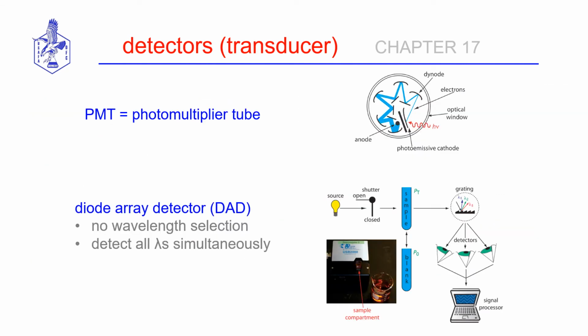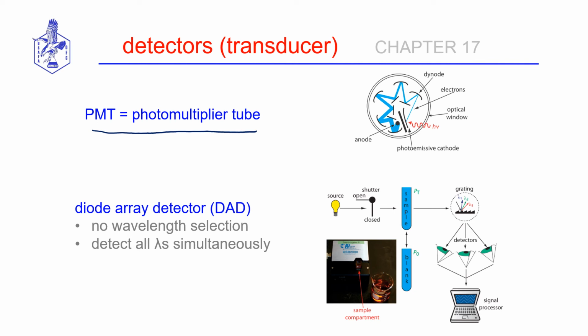So the detectors that are used in our instruments come in a large variety of different types. The most common in a UV visible instrument is going to be a photomultiplier tube.